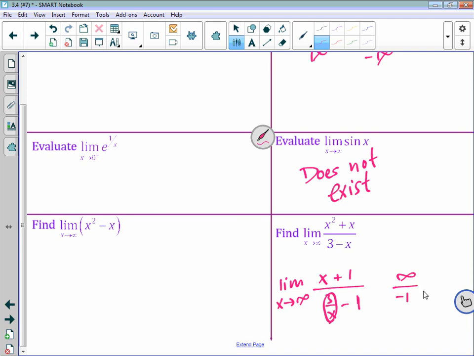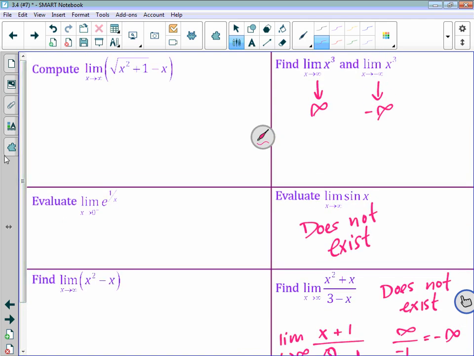But on the AP test, instead of writing negative infinity, what would I want you to write? Does not exist. Because you might forget to pull that negative over, and then you don't get your points. So it does not exist, but in our notes we'll write negative infinity there, so I suppose I could have left that. So questions on that side? Okay.